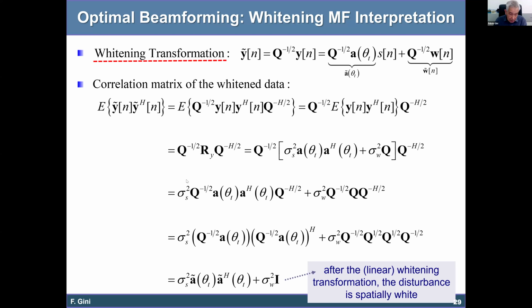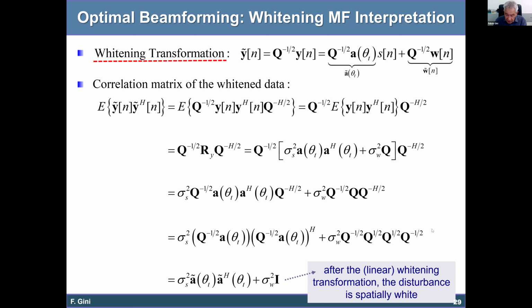So this one is nothing but A tilde Hermitian. So what happened to the disturbance? So you have Q to the minus 1 over 2 times Q that multiplies Q to the minus 1 over 2, because the Hermitian is irrelevant. Now, if you factorize Q as the square root of Q times the square root of Q, you immediately see that the product of the first two is the identity matrix.